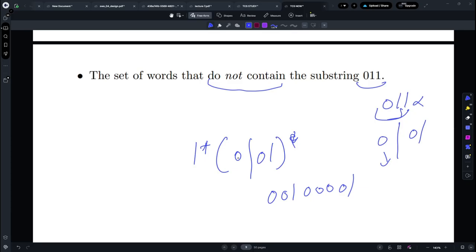If you give an opportunity to make a 1 here, for example, that would be a problem, because you could just say 1 1 0 1 0 1 1, 1 1. Yeah, you could just say 0 1 and then go and read just 1 1, and that would make 0 1 1. That's not what we want.